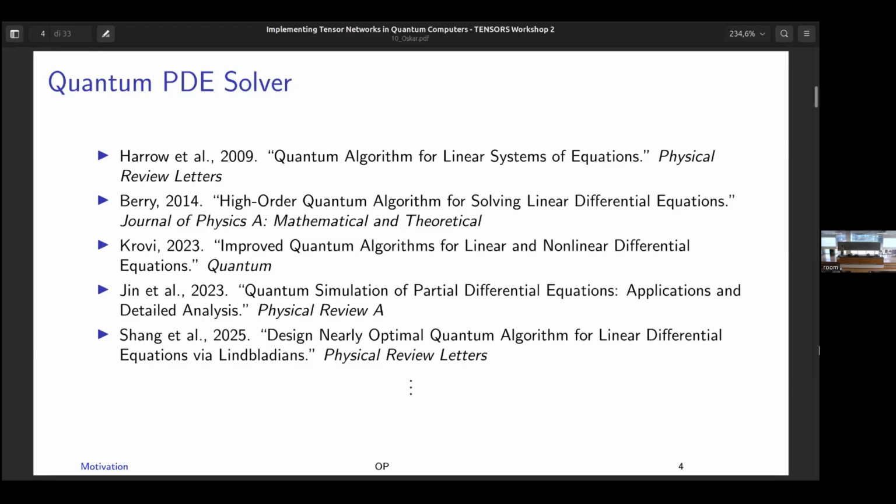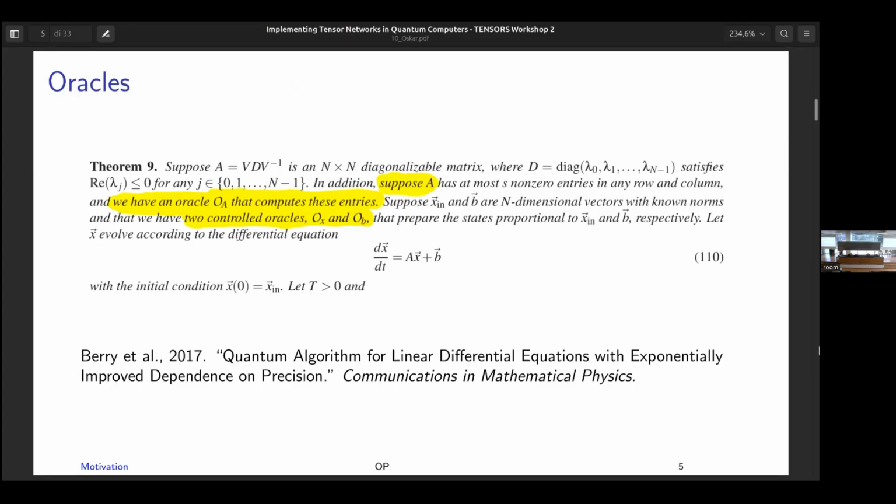Most of the other algorithms are based on this first one, but a lot of them are cheating on one point: they're all using oracles. So they don't actually implement the differential equation; at one point they say, okay, we don't know how to do this step, so we use an oracle that implements this step automatically with time cost 1.